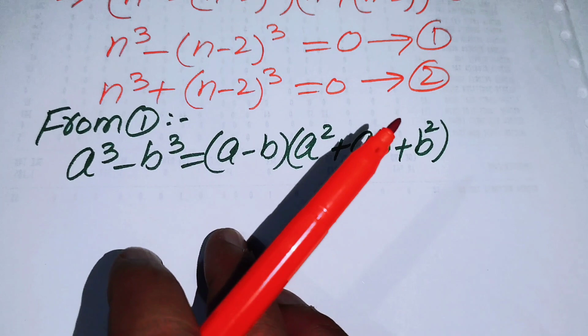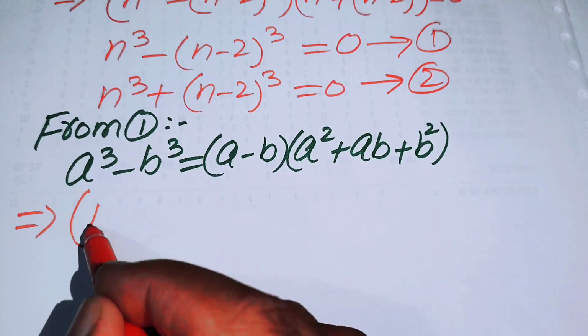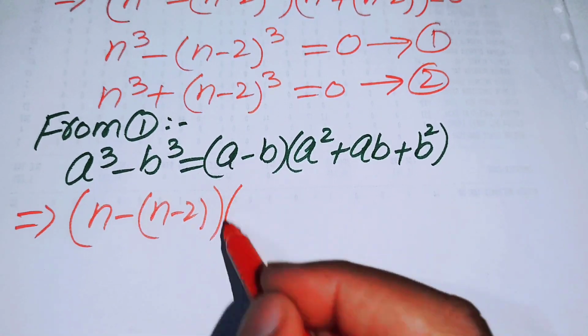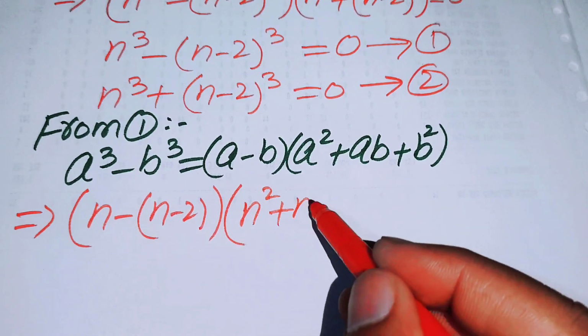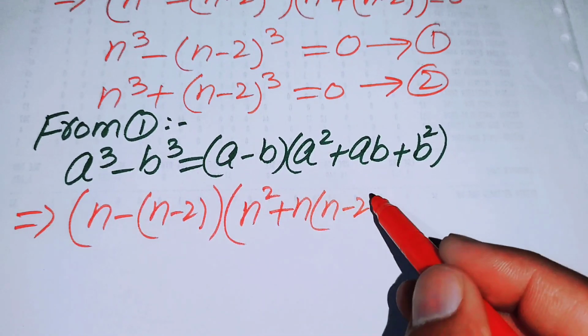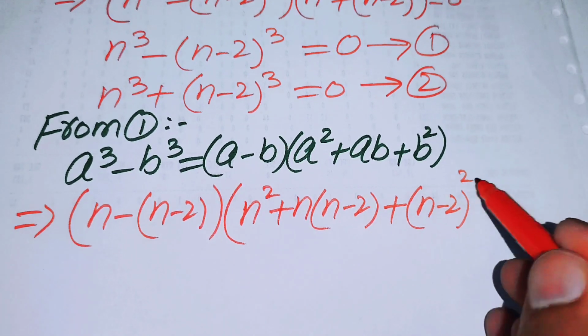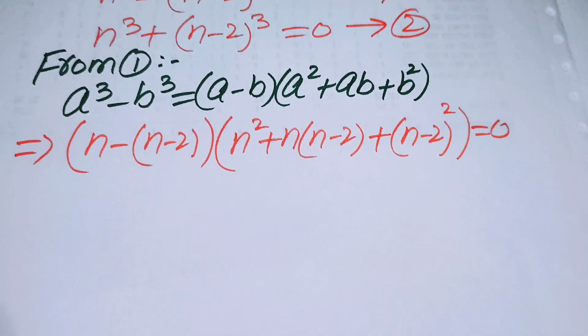So case number 1 becomes in the form of (n minus (n minus 2)) into (n squared plus n times (n minus 2) plus (n minus 2) whole squared), and this whole equation is equal to 0.